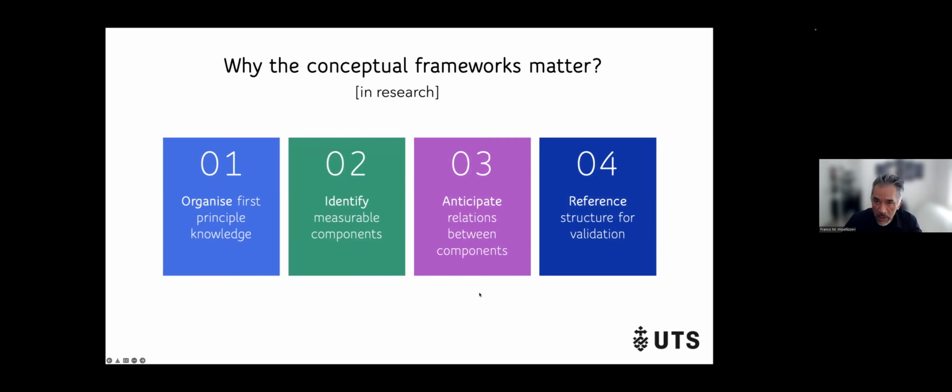This is important, especially in research, because unless it is exploratory, normally you want to understand the causal association. So you have to anticipate what can influence another variable, and so on. And this is fundamental for validation. I will explain it better later, but if you don't have a reference conceptual framework, basically you are not validating, you're just fishing in the data.